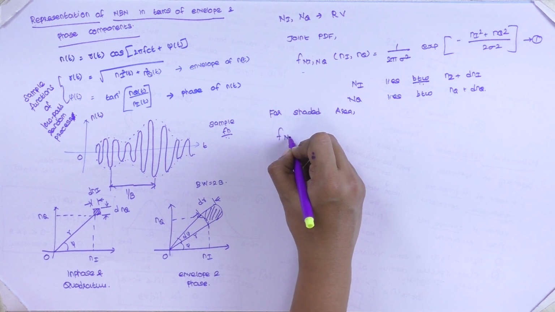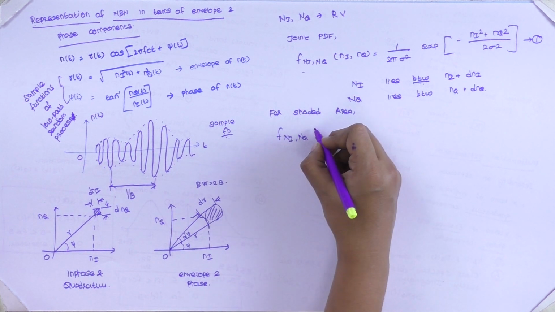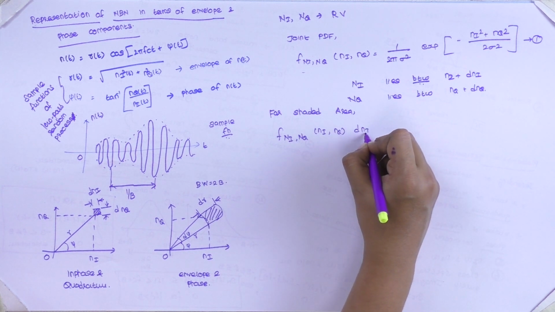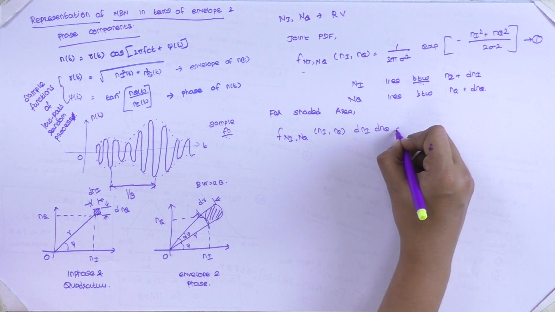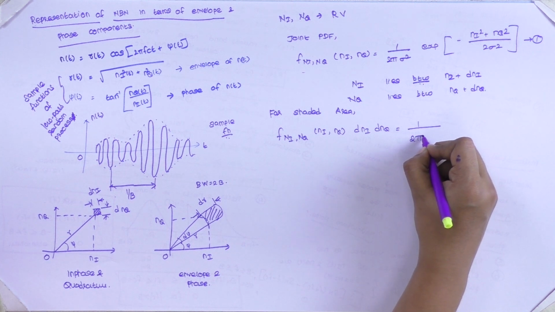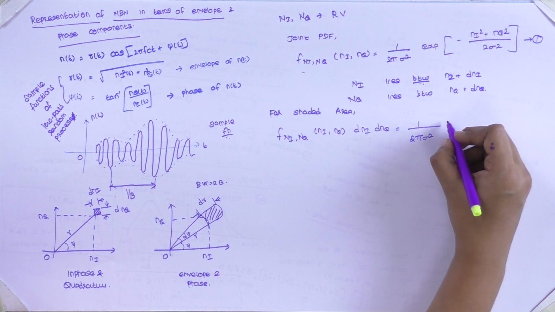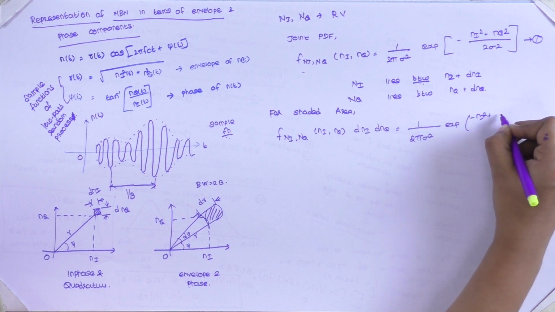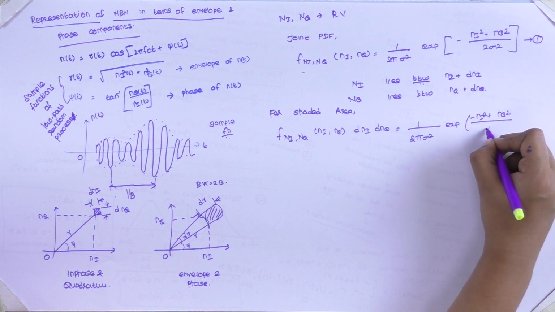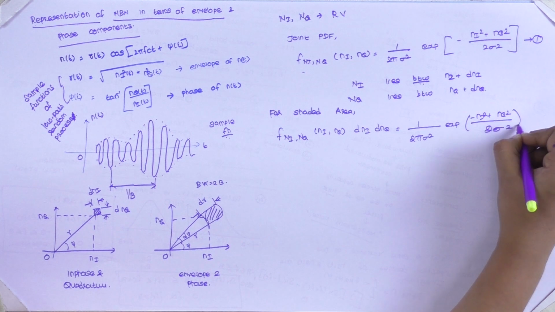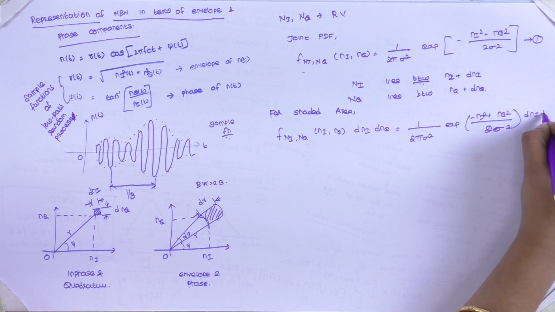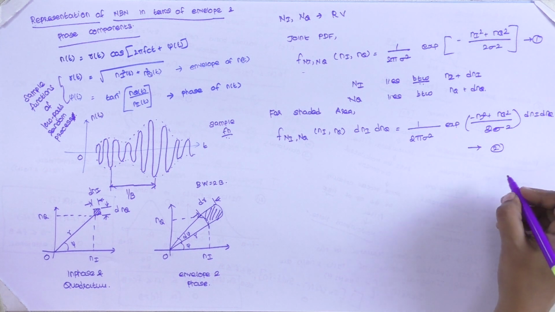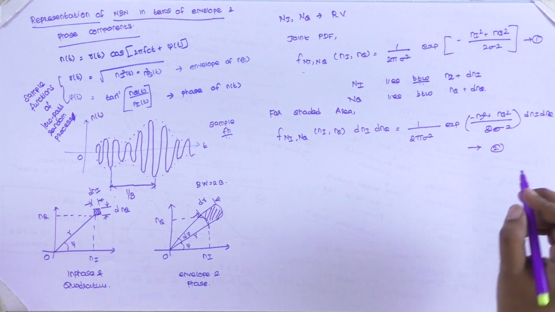Therefore, for Ni and Nq, the probability is 1/(2πσ²) exponential of minus (ni² + nq²)/(2σ²) dni dnq. This is for the small incremental area. We are taking this as equation number 2.